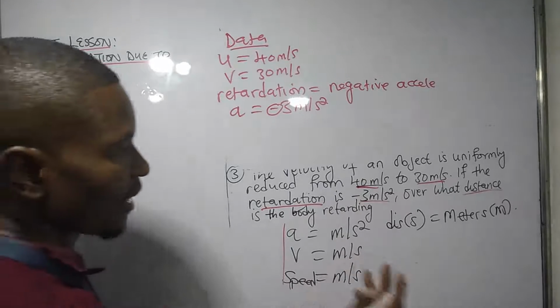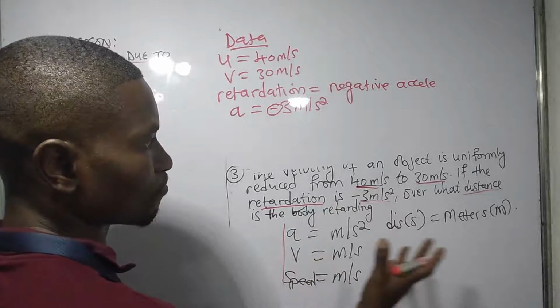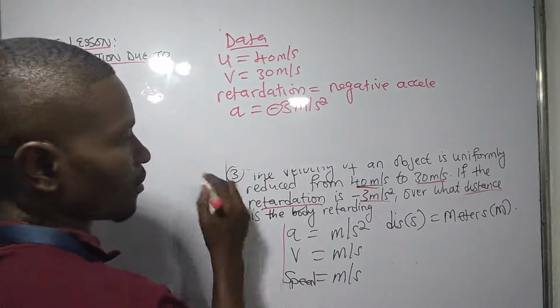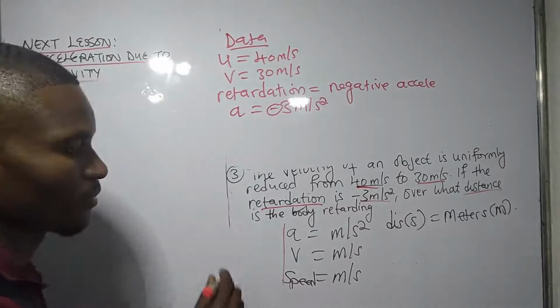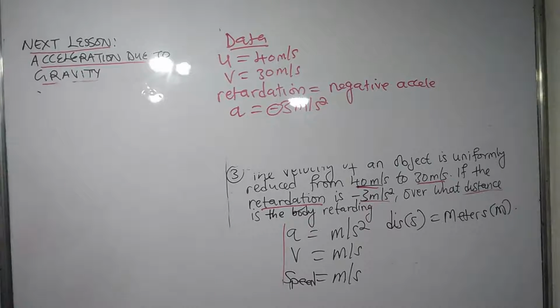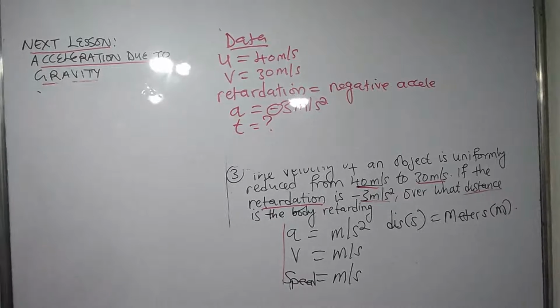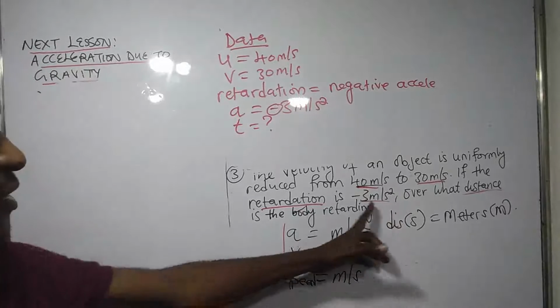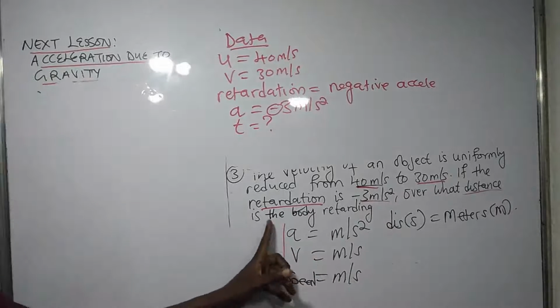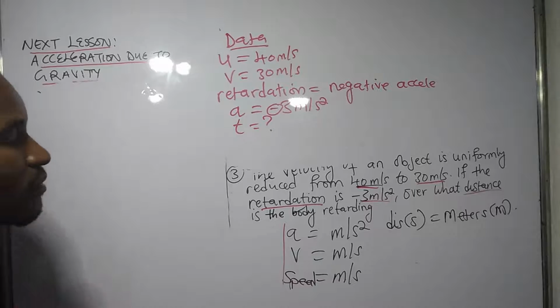Okay, and then the other information we need is time, which we don't have. They are saying if the retardation is that, over what distance is the body retarding?